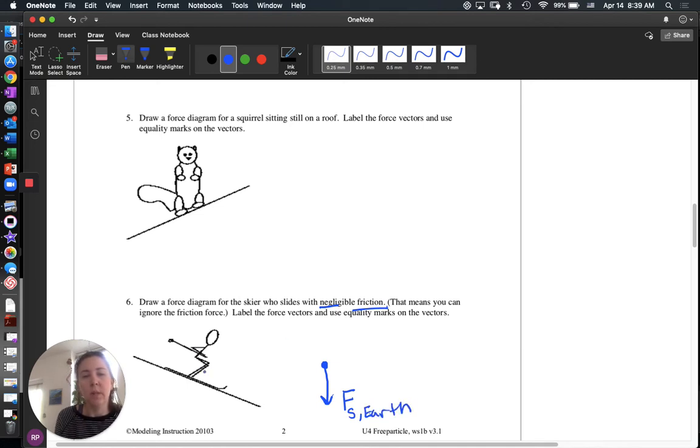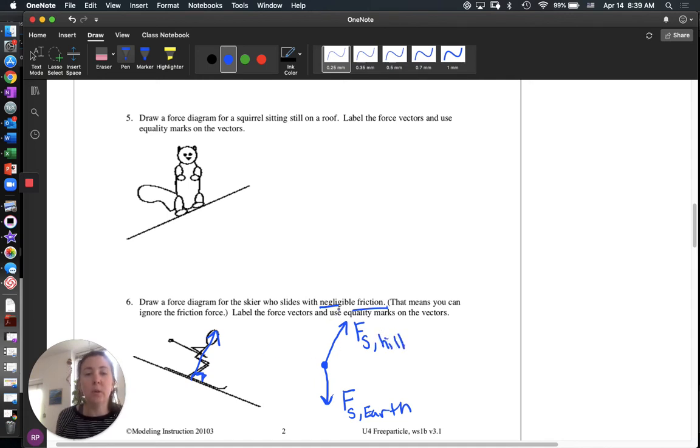Now, the other force that we have is the normal force, and that comes from the surface at this angled perpendicular to the surface, and so the normal force will go this way. The force on the skier by the hill, we'll call it.